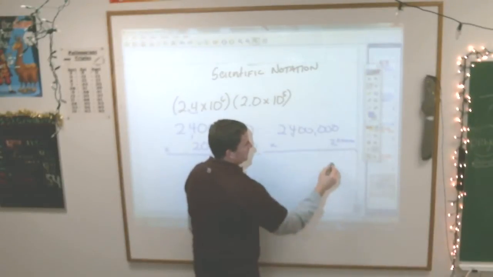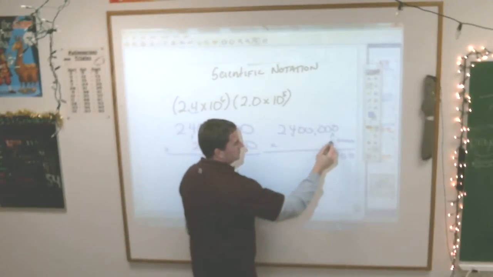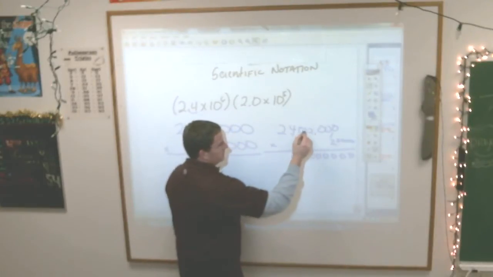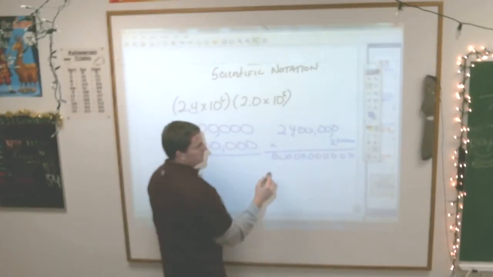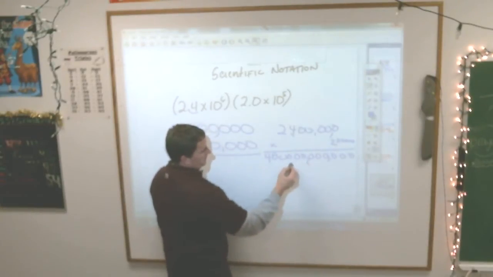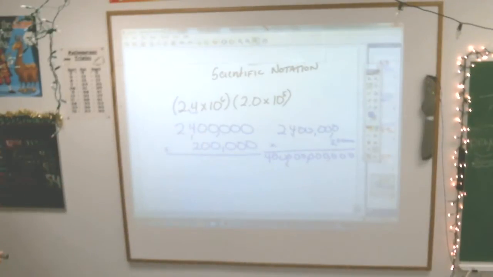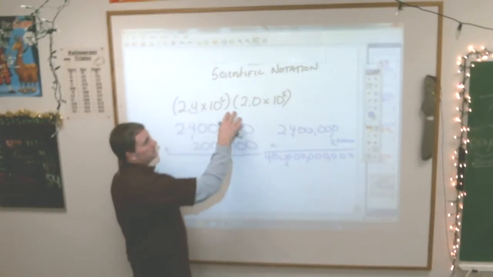Which means I can drop those 5 zeros, right? 1, 2, 3, 4, 5, correct? Then I multiply by the 2, 0, 0, 0, 0, 0. 2 times 4 is 8, and 2 times 2 is 4, right? And then my answer is this. What is that, 480 billion? Is that correct?